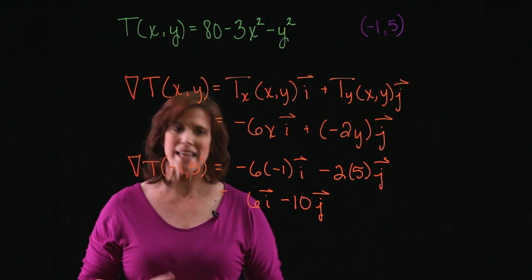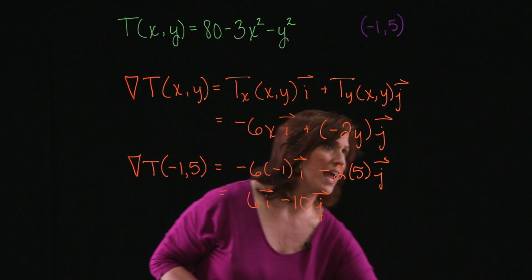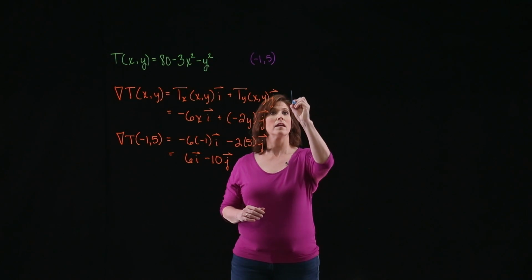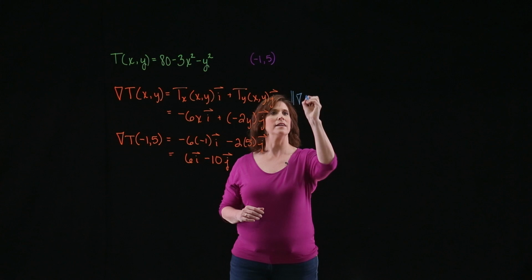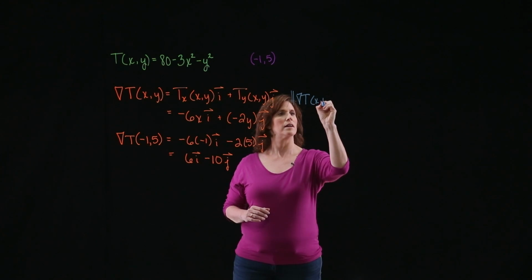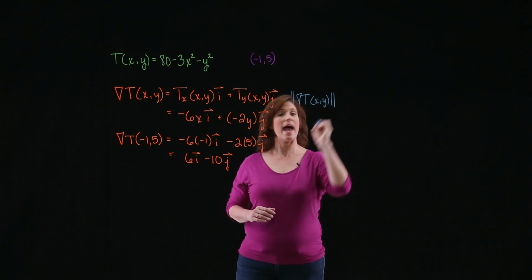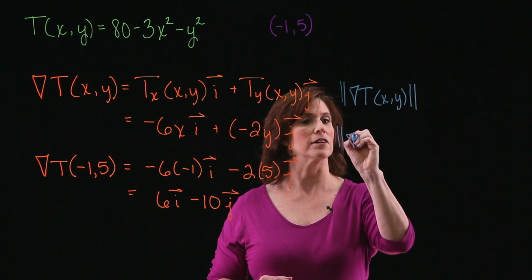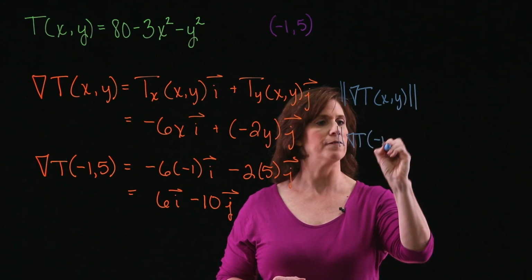All right, well, what is that rate of change? The rate of change is going to be the norm of that gradient vector. And in particular, I want the norm of the gradient vector at the point (-1, 5).